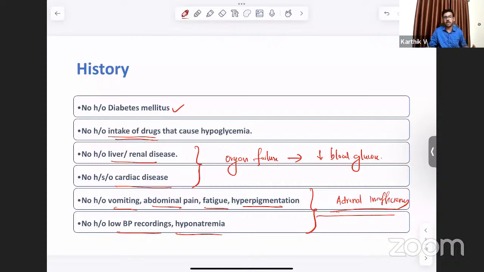Why? Because the patient also has hyperpigmentation. Adrenal insufficiency is one of the treatable causes for recurrent hypoglycemia. Both primary and secondary adrenal insufficiency can result in that. So this is again one point that you should ask in the history, and you should rule out during the biochemical evaluation. So ruling out adrenal insufficiency and other organ failures is also very important while evaluating a patient with hypoglycemic disorder.